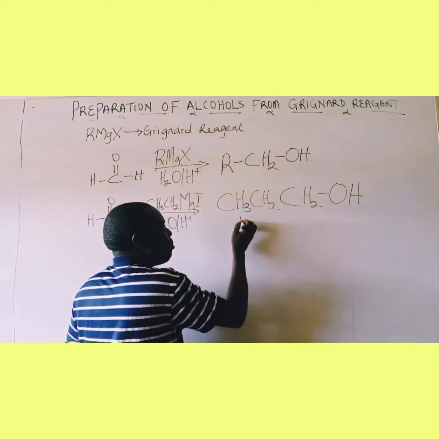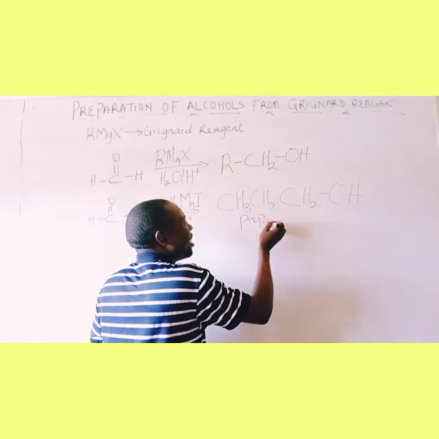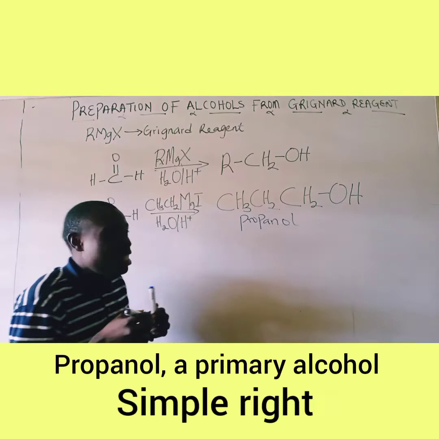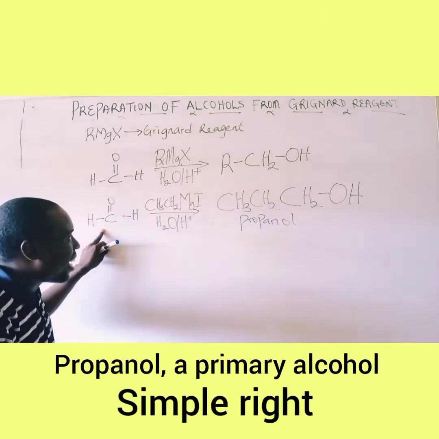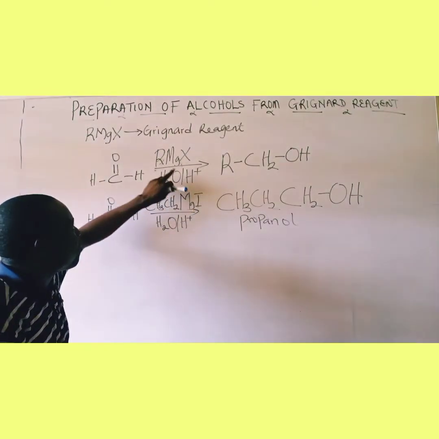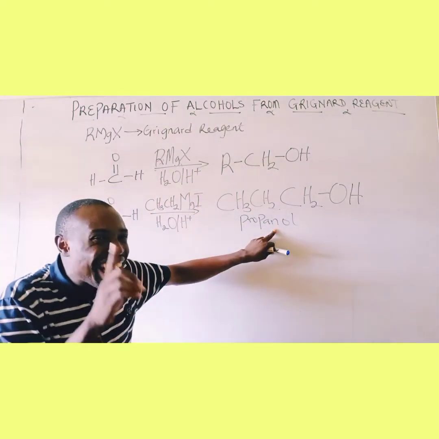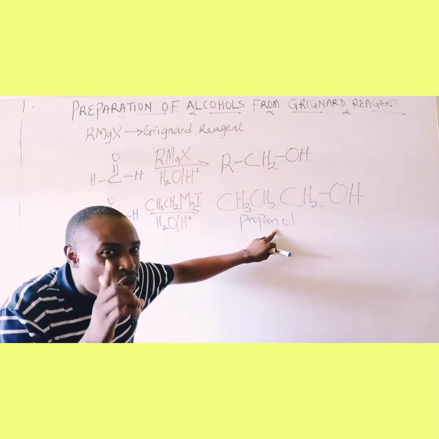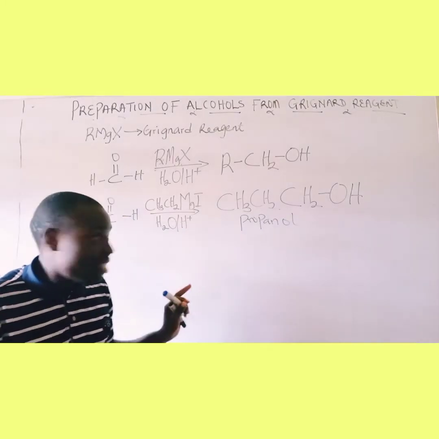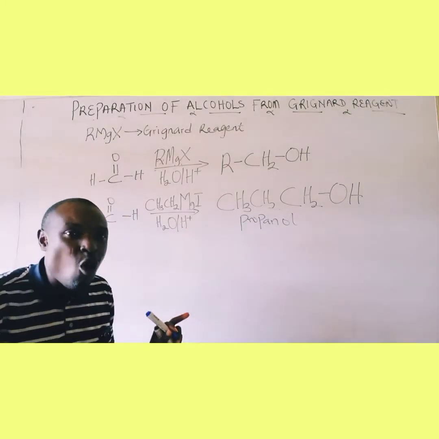So this is what we call propanol. Methanal in the presence of a Grignard reagent gives propanol, which is a primary alcohol. As simple as that. Other examples can go on and on.